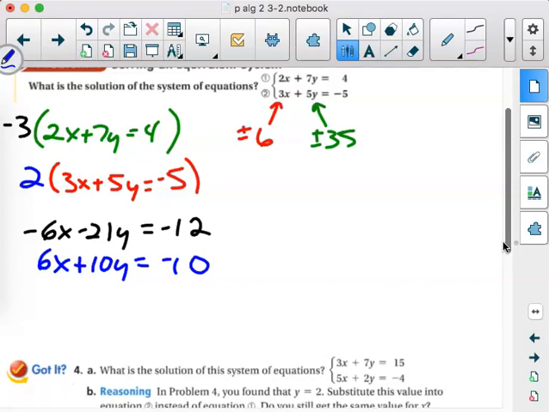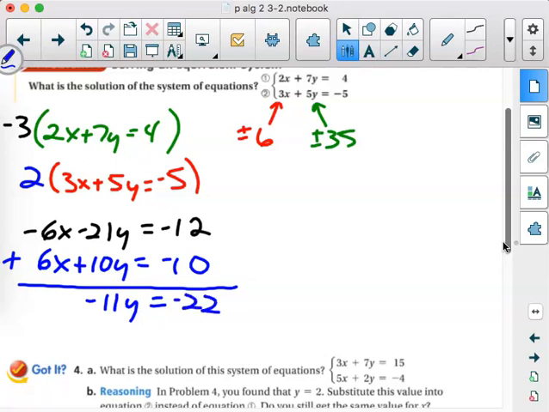And now I stop and make sure that what I did is going to work. Yeah, negative 6x plus 6x. Yay me! Got it. Because I want to add these together and eliminate the x's. Negative 6x plus 6x is 0. That's exactly what I wanted to happen. Negative 21y plus 10y is negative 11y. And negative 12 minus another 10 is negative 22. I like the way this is going.